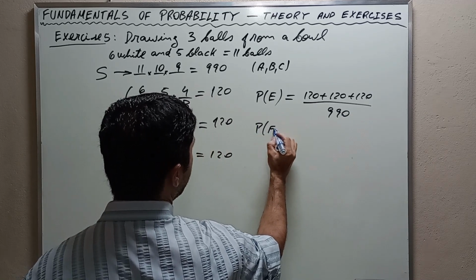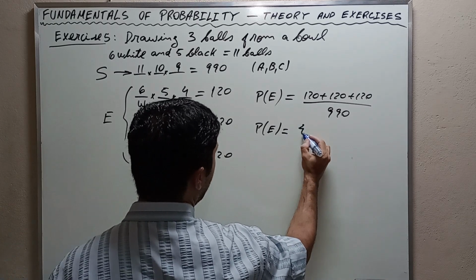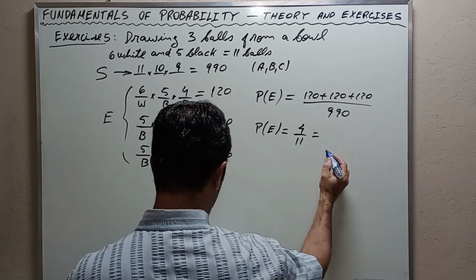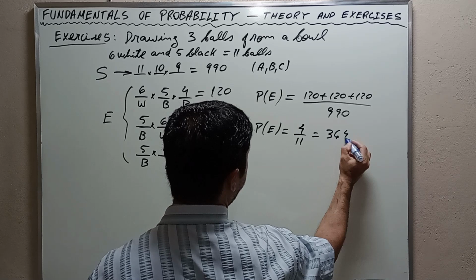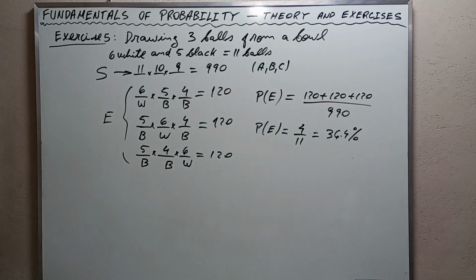Then the probability of this event occurring is 4 over 11, which is equal to 36.4%. Okay, my friends, this is exercise 5.